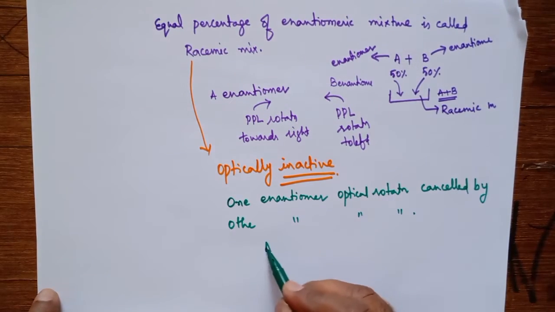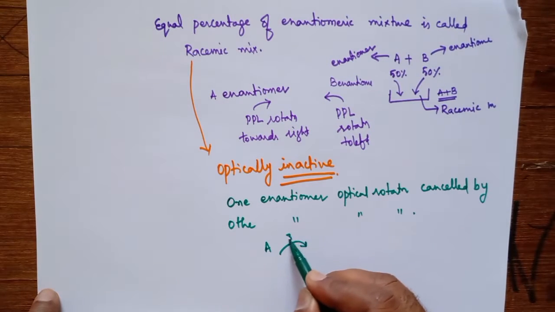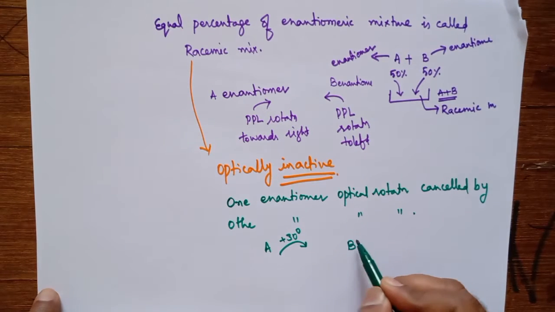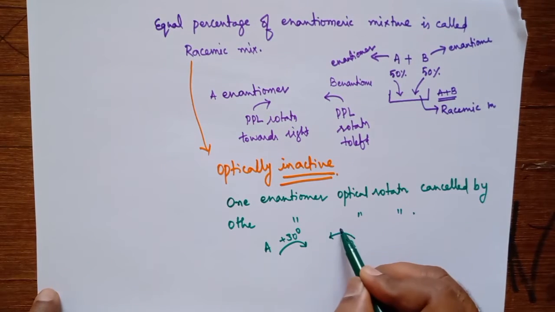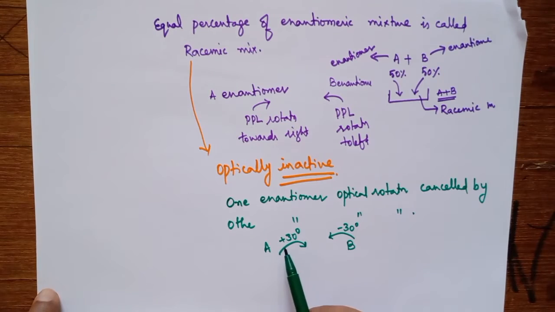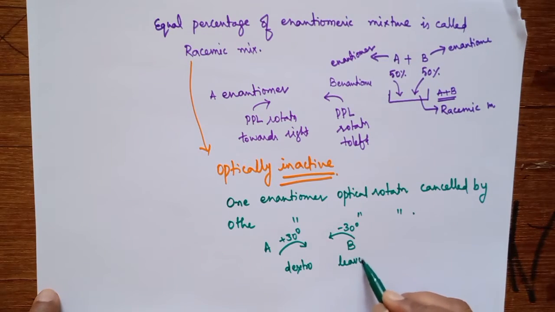Suppose the A enantiomer rotates the plane polarized light by plus 30 degrees, and the B enantiomer rotates it by minus 30 degrees, right? Optical rotation is generally measured in degrees. So A rotates plus, which is dextro, and B is the enantiomer with levo rotation. So plus and minus cancel each other.